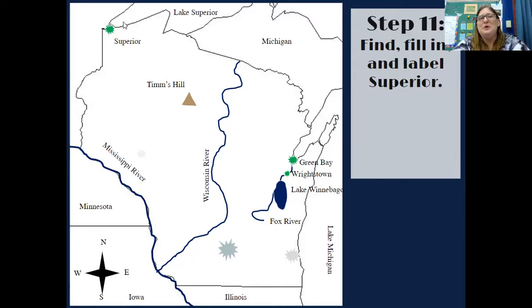It is one of the most important port cities in northern Wisconsin. It was really important for Canadian and United States trade. It worked really hard with its sister city Duluth over here in Minnesota, but Superior in and of itself is a pretty important port city, water city in Wisconsin. So that's one that we want to label on our map.